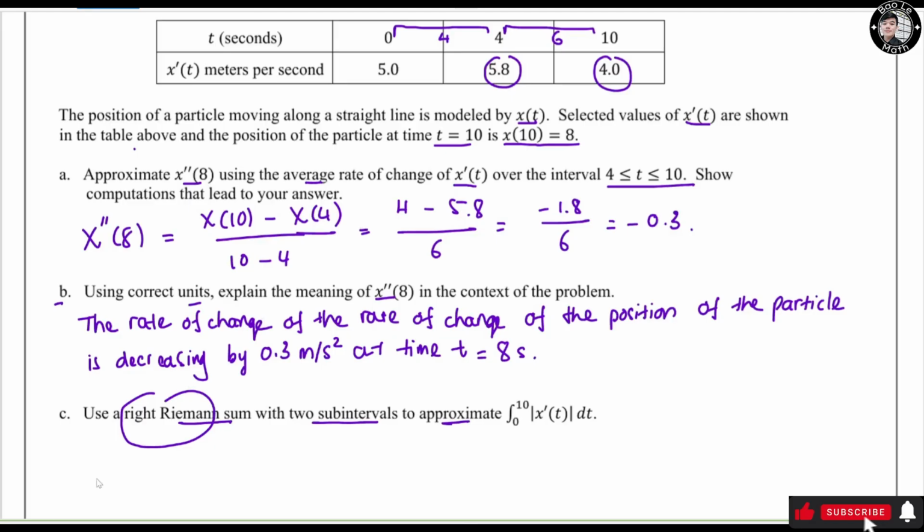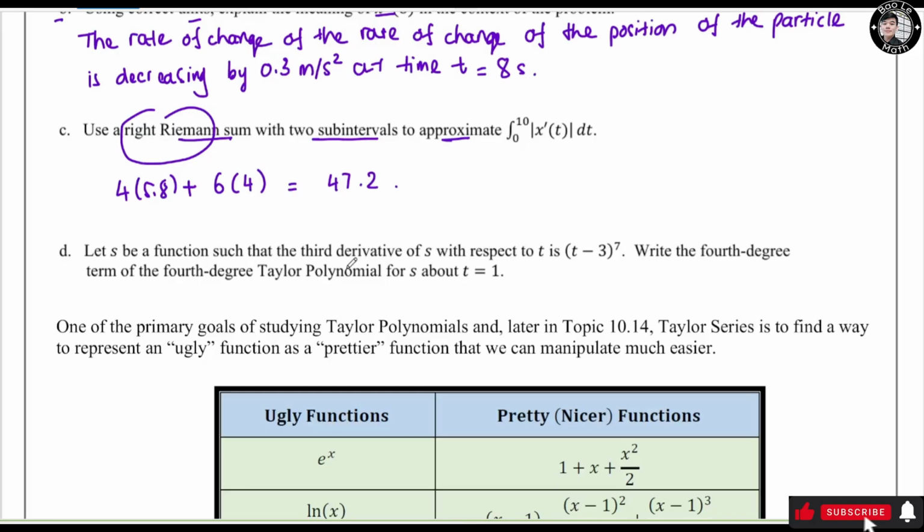So you have the width times the height, so 4 times 5.8 plus 6 times 4. So it could be 47.2.